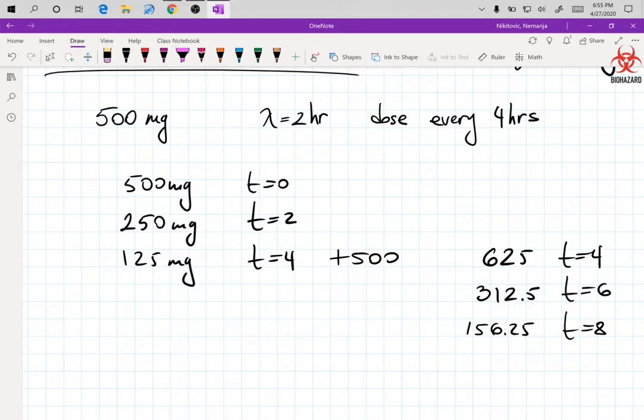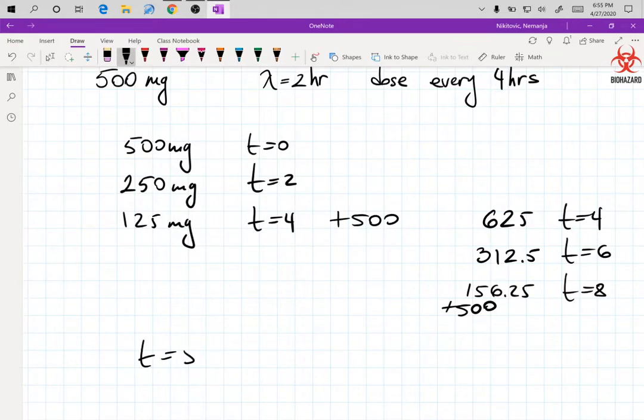But then what's happening at 8? You pop another 500, new dose. So t equals 8 is actually 656.25 milligrams.